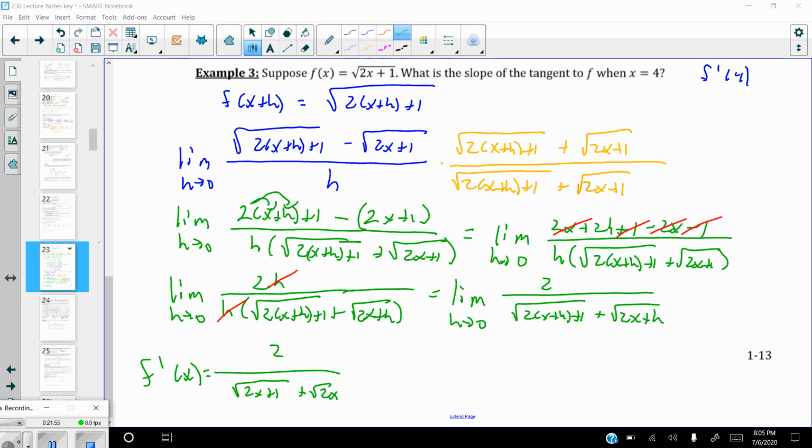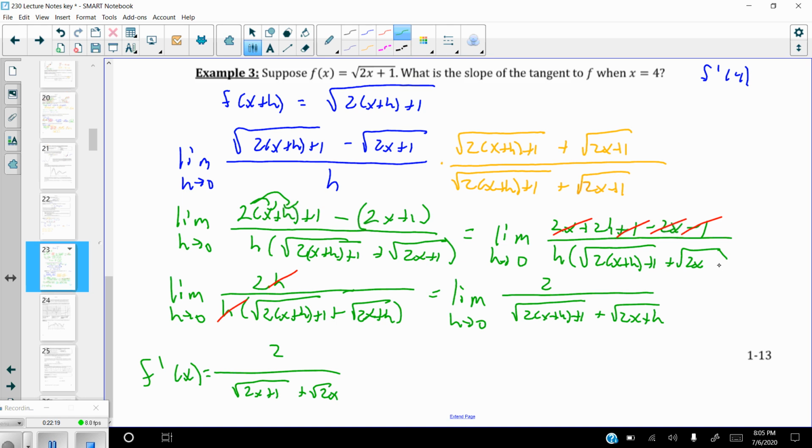And something's not right. Oh, I wonder if any of you guys caught my mistake. I see what happened. I can't read my own writing, apparently. Up here, for whatever reason, I started changing the second square root in the denominator to an h. It should actually be 2x plus 1.